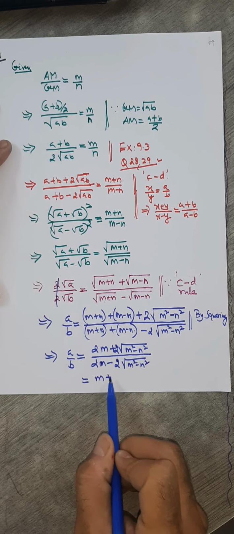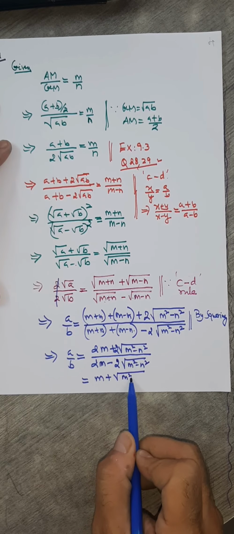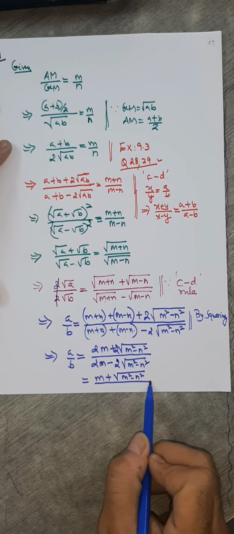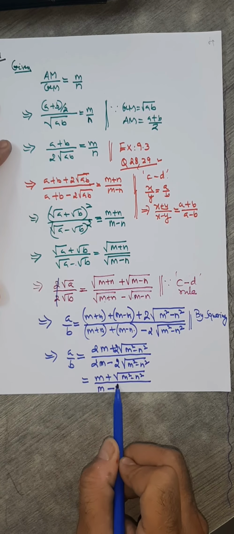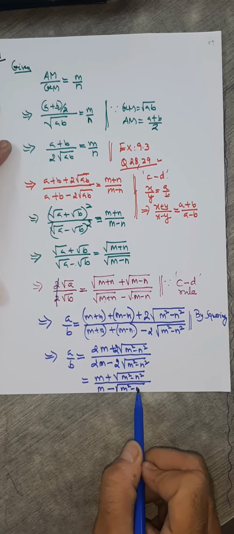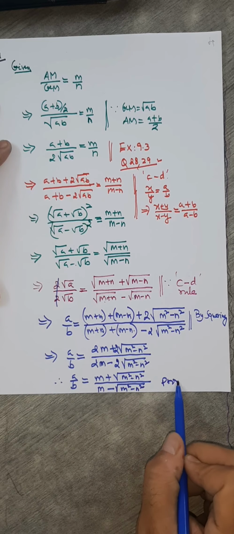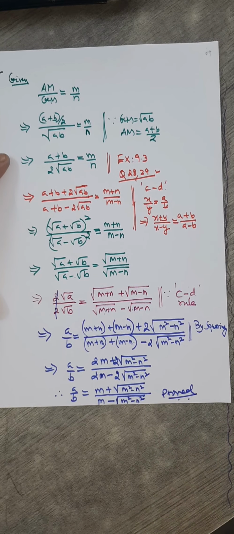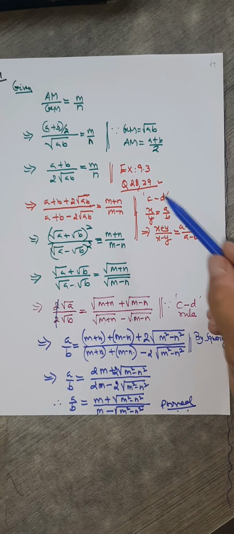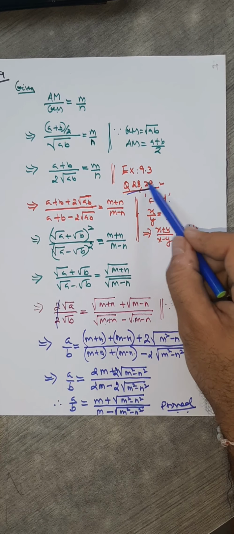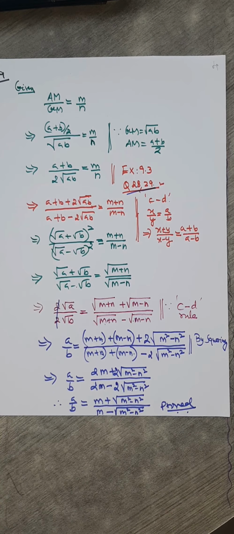So you'll get (m + root(m² − n²)) upon (m − root(m² − n²)). We have this and therefore proved. Right? So you must have noticed the flow of the solutions of these two and this all are just same.